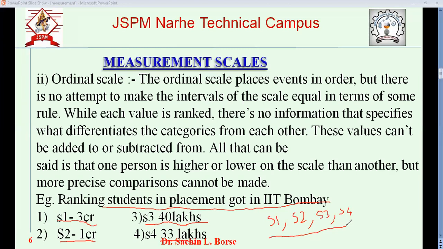So we can say it is an ordinal scale. This order we know. And here the difference between S1 and S2 is different. The difference between S2 and S3 is different. The difference between S3 and S4 is different.